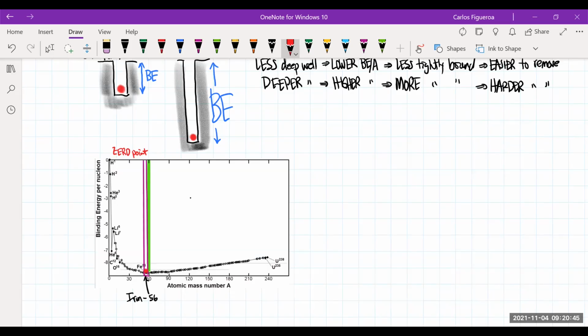If I come over here, this is uranium-235. So if you think that I was just drawing wells just to make a little picture so that it's easier for you to see, this is real. This is where these wells come from. And this is the reason why I say this is one of the most important graphs.